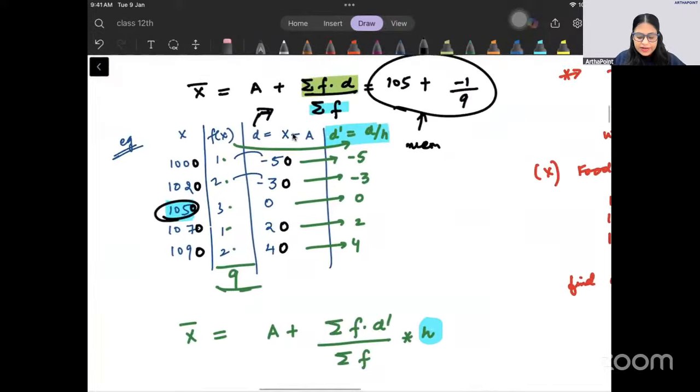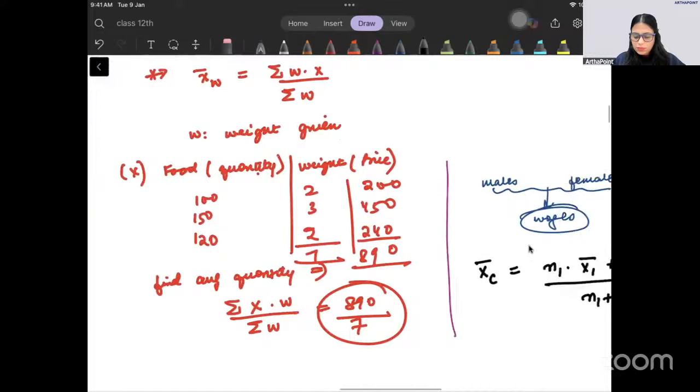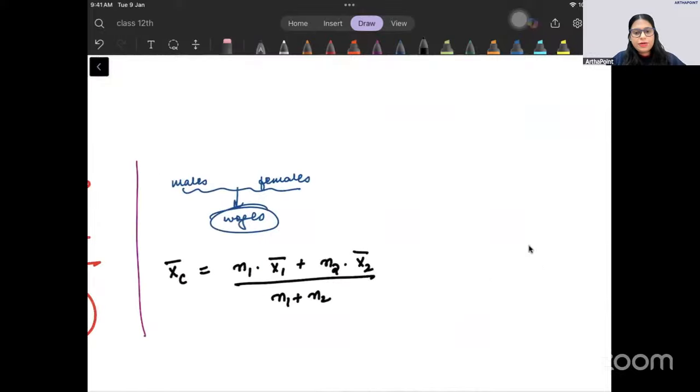See, here if I divide by h, I have to also multiply back by h. So it will be summation f into d dash into h. Okay, so this was our combined mean.